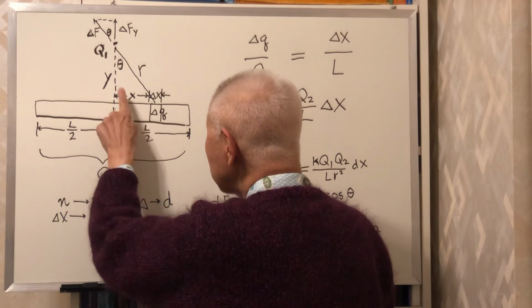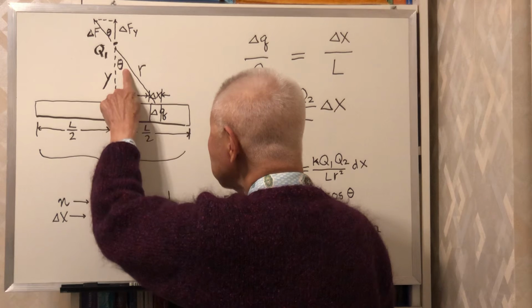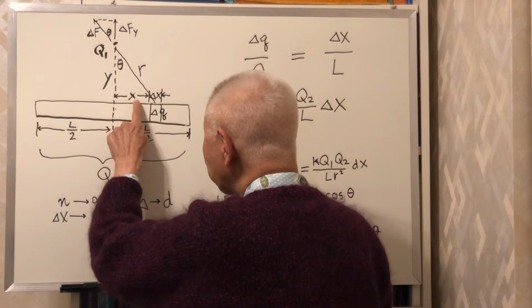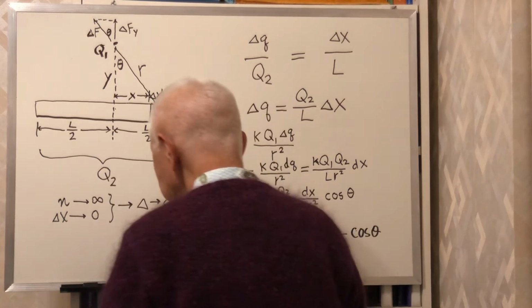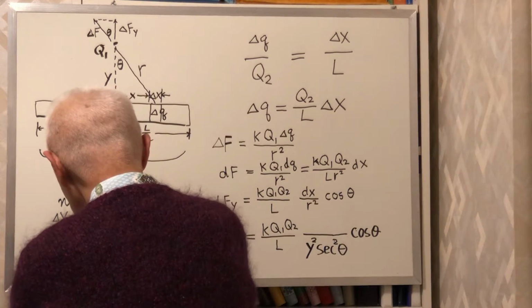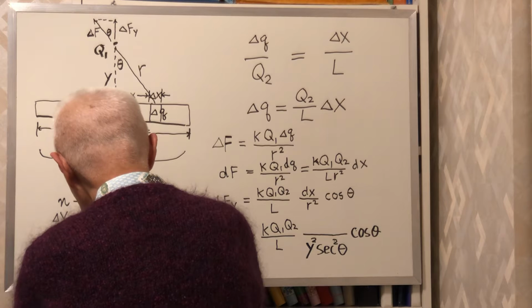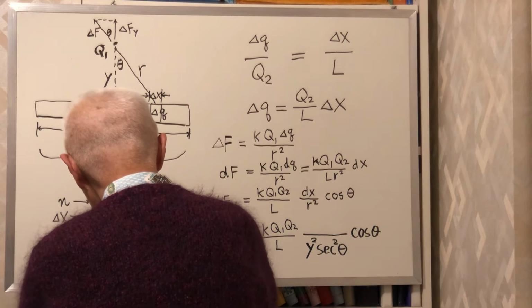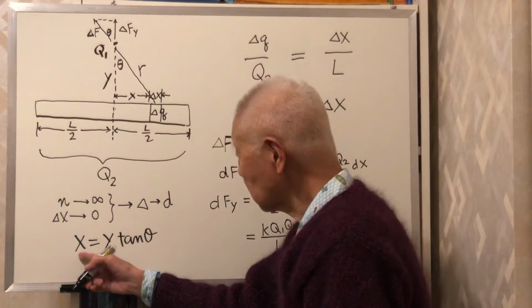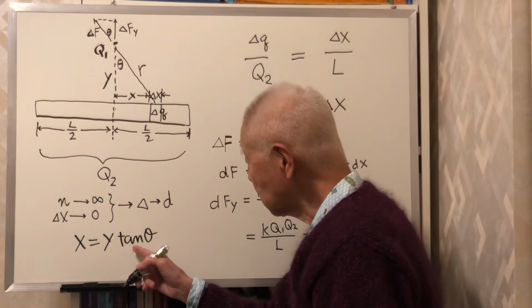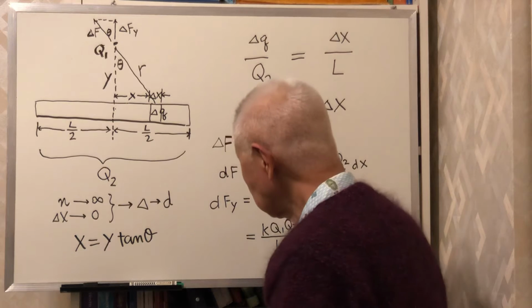X divided by y is tangent theta. Therefore, x is y multiplied by tangent theta. X equals y multiplied by tangent theta.